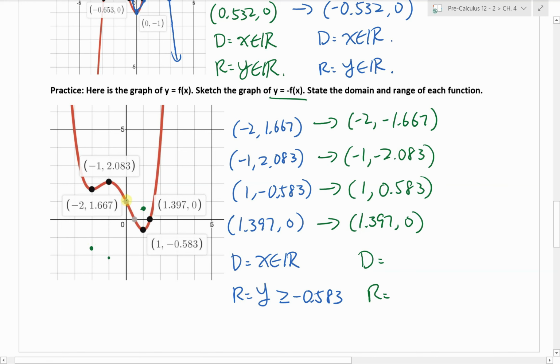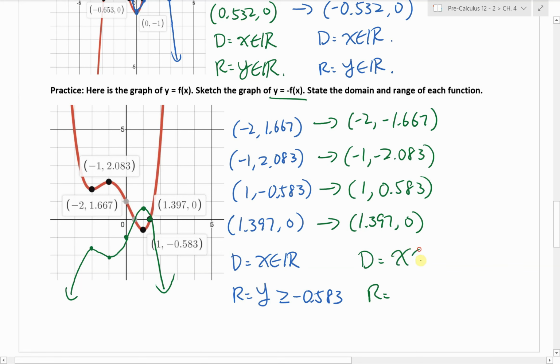This is a nice point, 0, 1, so that becomes 0, negative 1. 1.397 and 0 will be somewhere. Oh, actually, that's exactly the same spot. Okay, so now it looks like this. There we go. That's what it looks like.